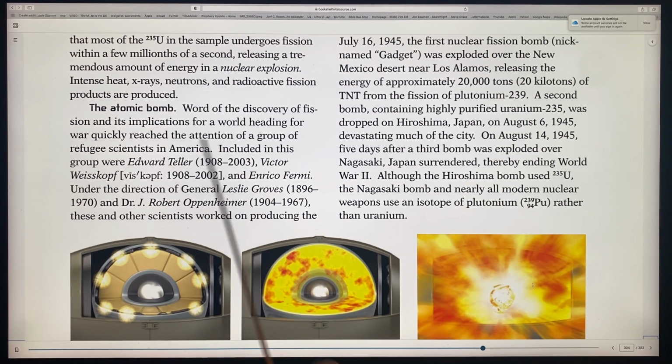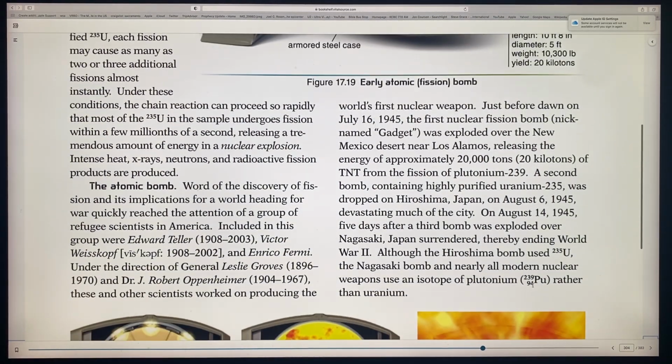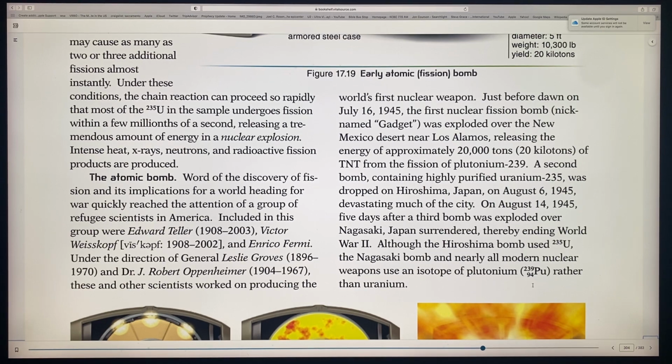So here's where we see, in the midst, they're looking at this fission process to develop the world's first nuclear weapon. So on July 16th, 1945, just before dawn, in the New Mexico desert near Los Alamos, the first nuclear fission bomb, nicknamed Gadget, was detonated.